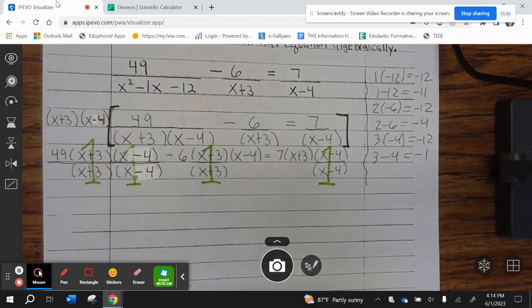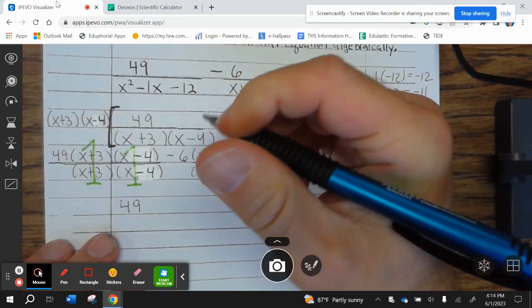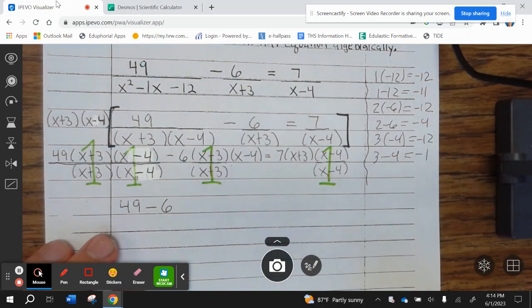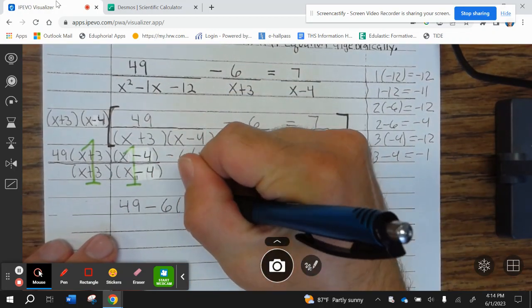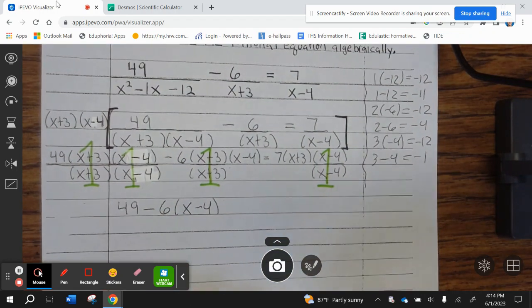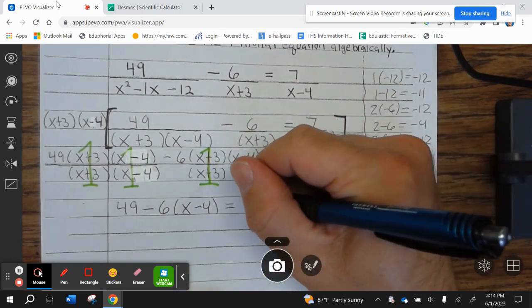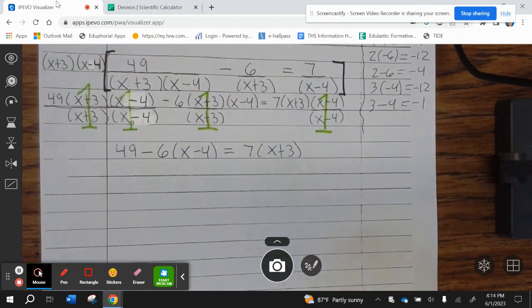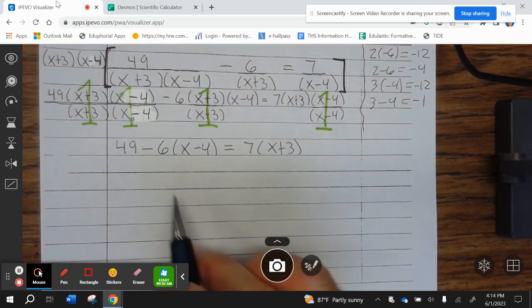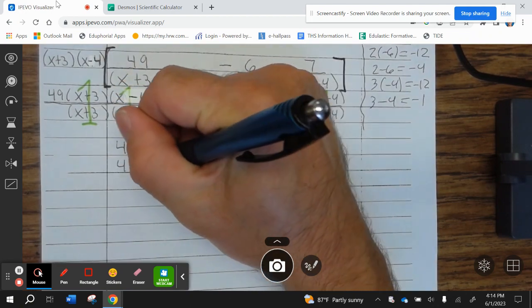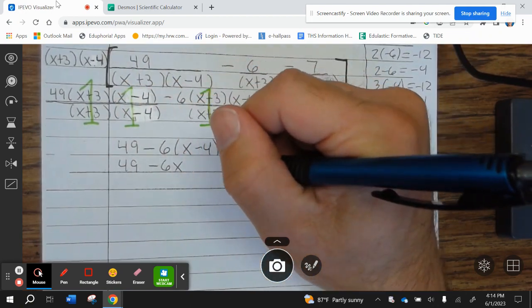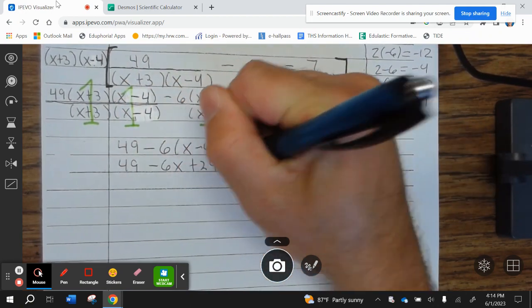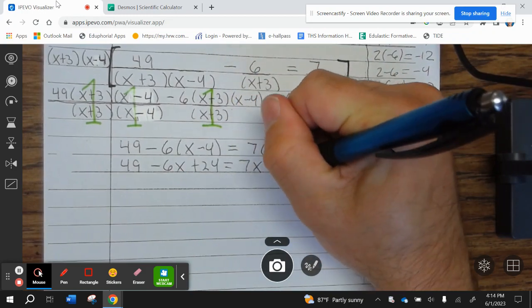So now we're left with 49 minus 6 times (x minus 4) equals 7 times (x plus 3). Now we need to distribute and then solve. So 49 minus 6x plus 24 equals 7x plus 21.